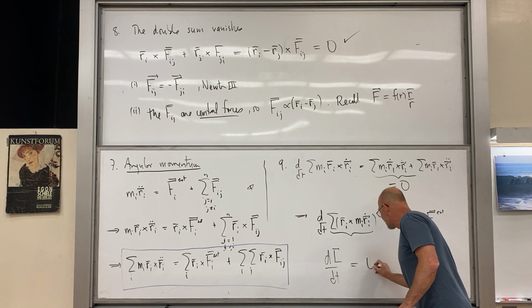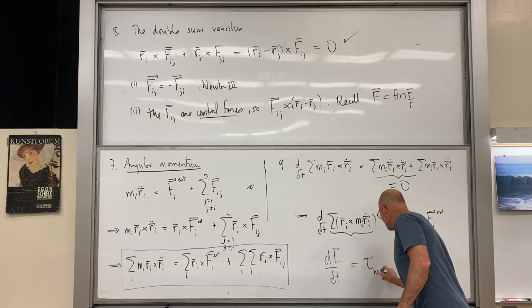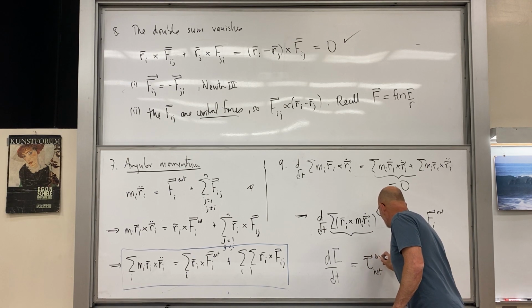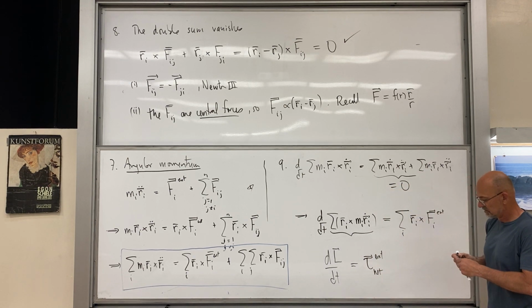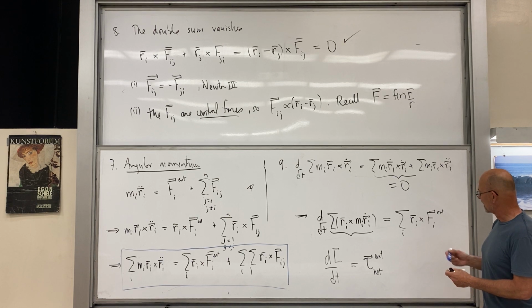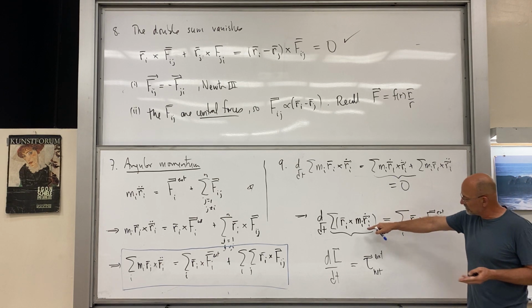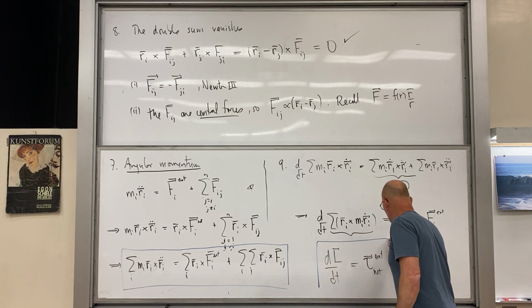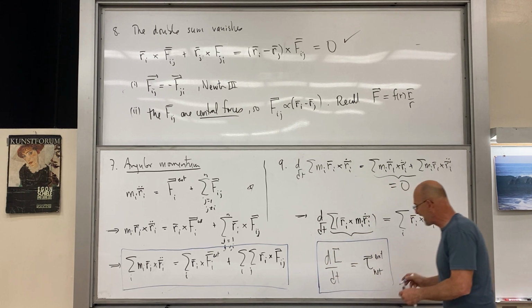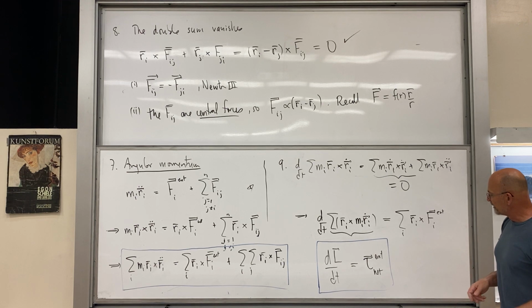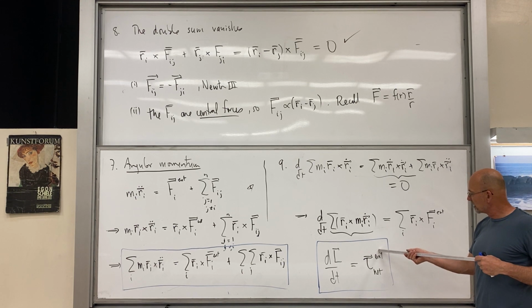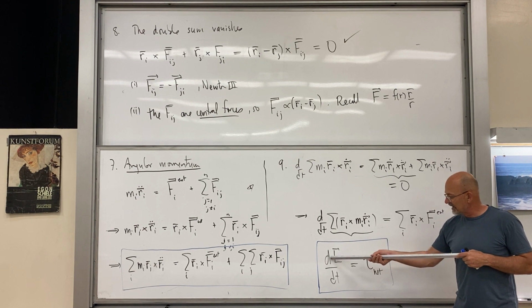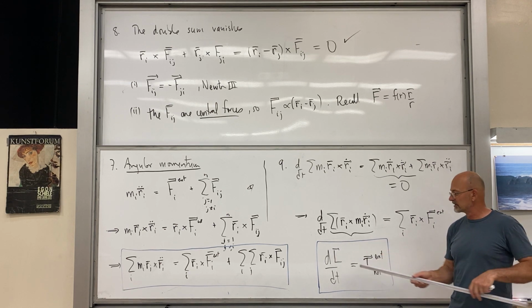So we'll write tau net external. Okay, so they're all defined right here, so go ahead and put in a little more if you need to. This is what we've found. And if there is no net external torque, then the angular momentum will be conserved.